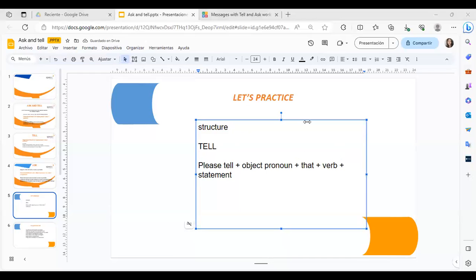Let's see who can give me an example. David, can you give me an example following the structure? Let's see, David, if you can. David, are you here?